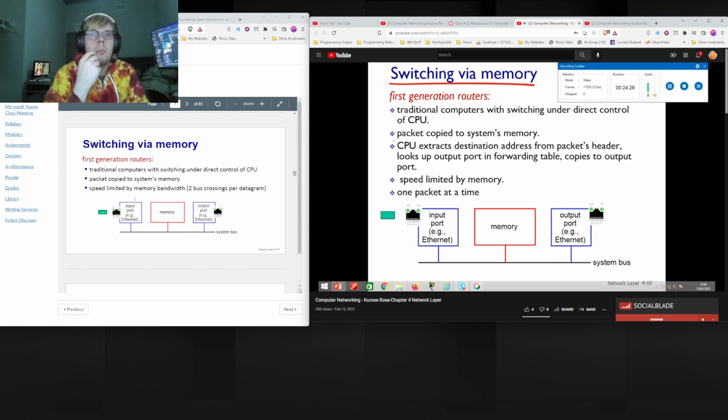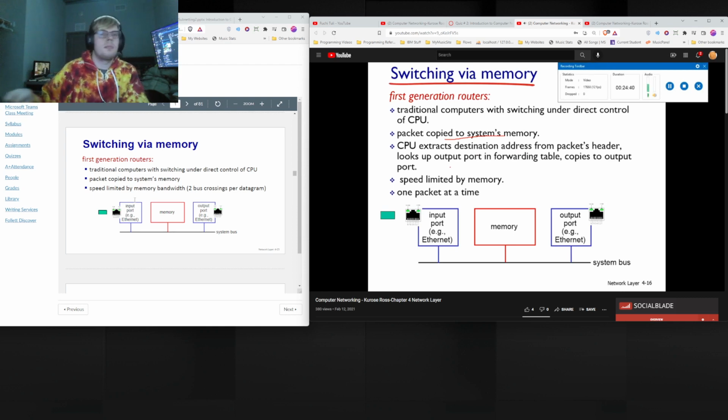When the packet arrives, it is first copied to the system's memory. Then the CPU extracts the destination address from the packet's header, looks up the output port in the forwarding table, and then copies that datagram to the output port.